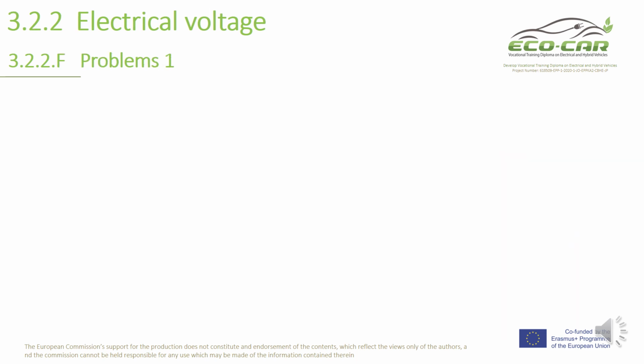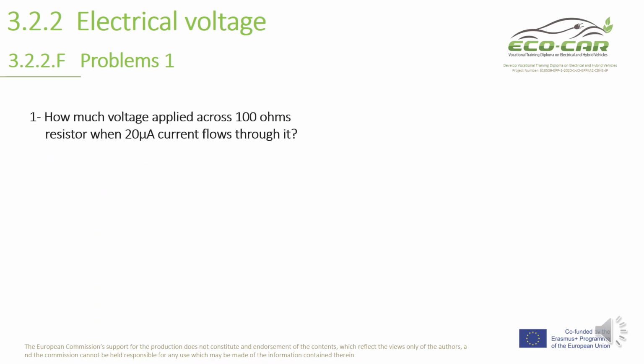As homework, you can solve these problems. First one, how much voltage is applied across a 100 ohm resistor when 20 microampere current flows through it?